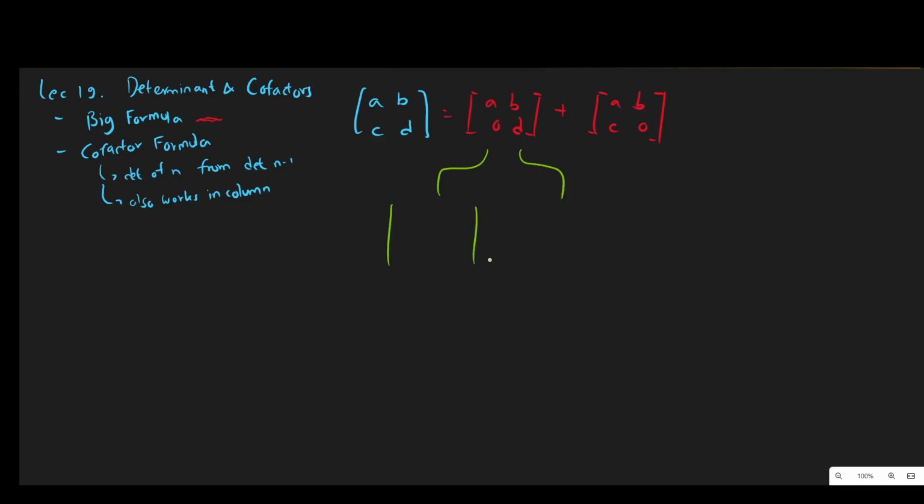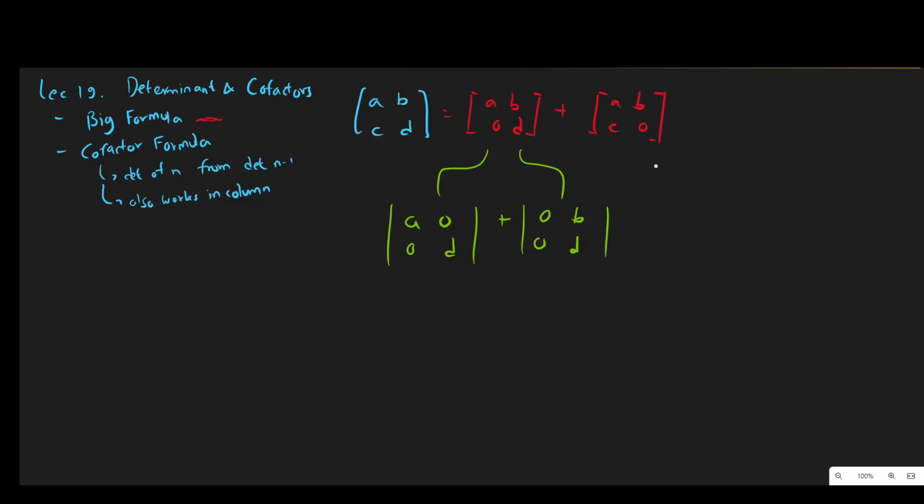I'm writing the determinant now because I'm ready to use the property of the third one. Let's say I keep the second row fixed and change the first row.